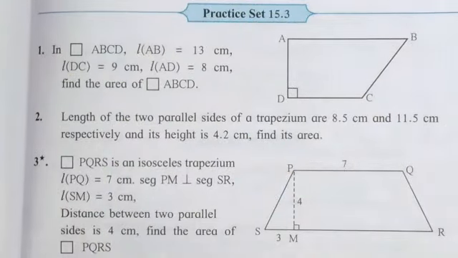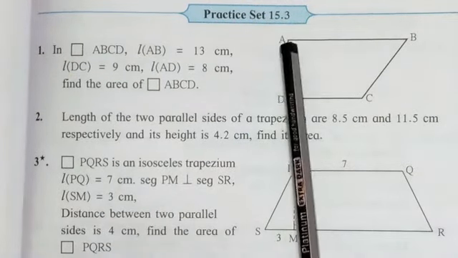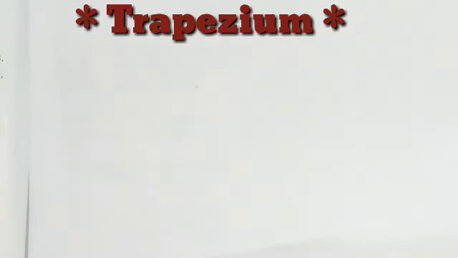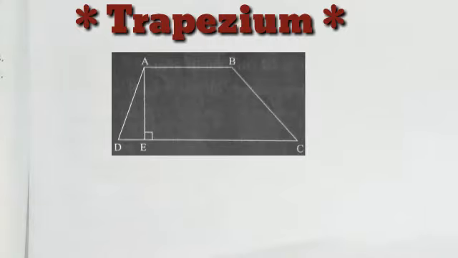Now students, let's start practice set number 15.3, which is given on page number 99. But before that, let's become aware of one new geometrical concept, that is trapezium. Trapezium is also one of the most important concepts from geometry. Here this is the figure of trapezium.